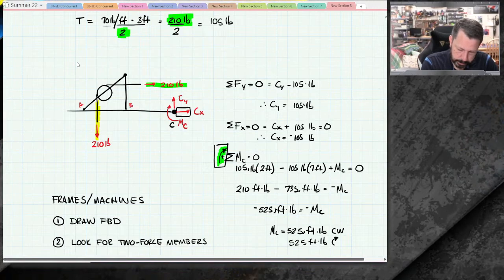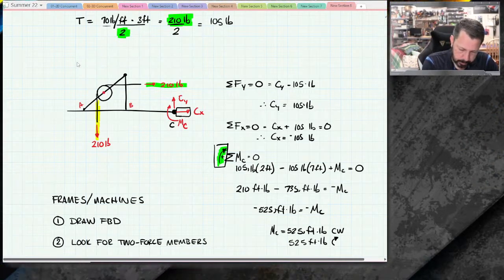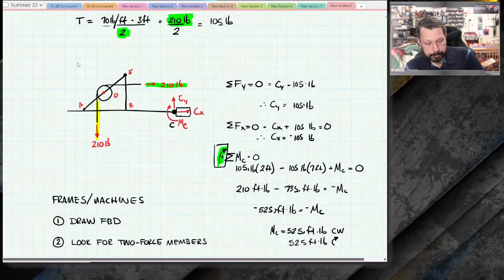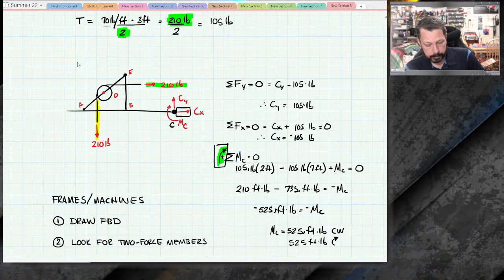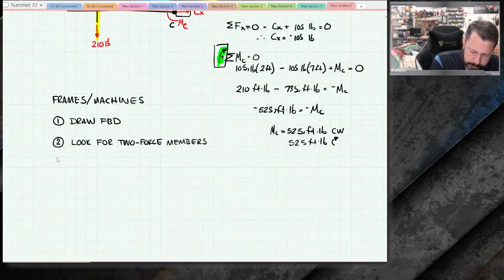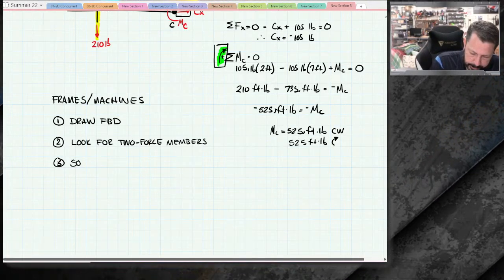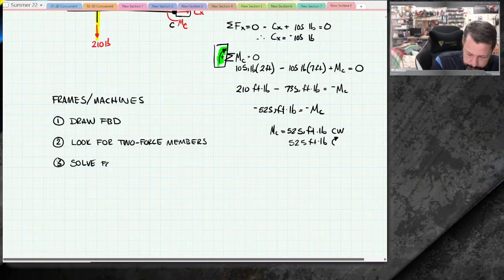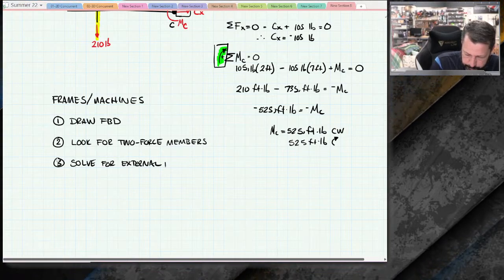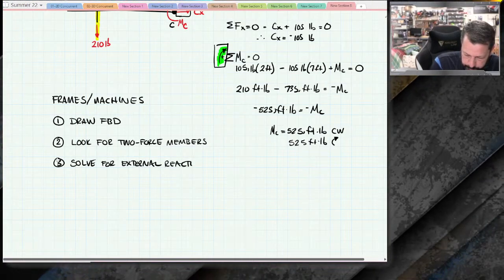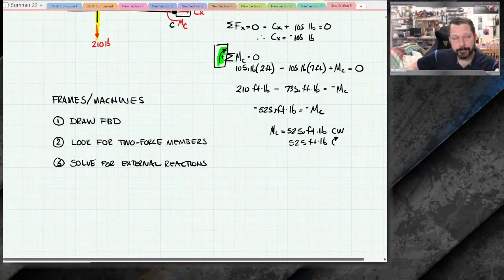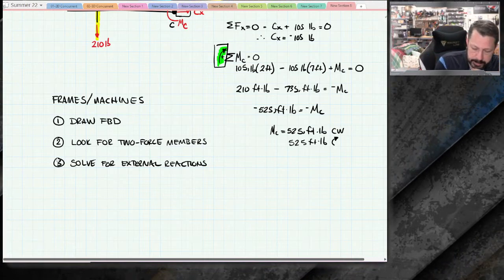A, B, C. That's D and E. What we want to do is, we've looked for two force members. The next step is typically, but not always, solve for external reactions. If you've decided this is a machine and not a frame, then a lot of times you have to skip this step.